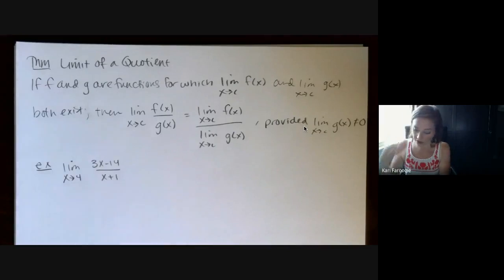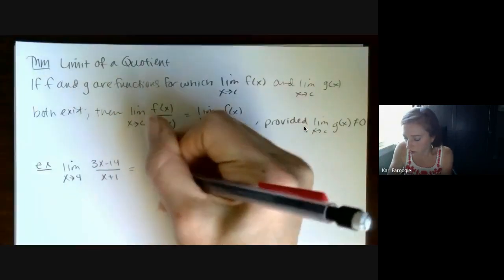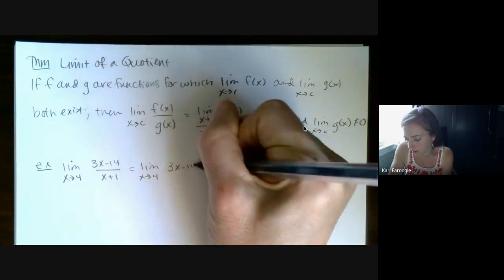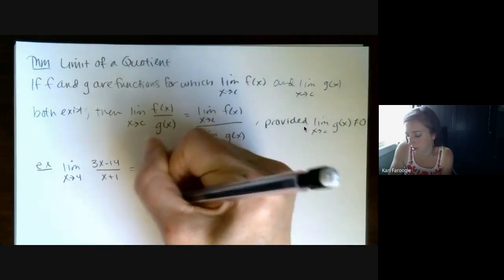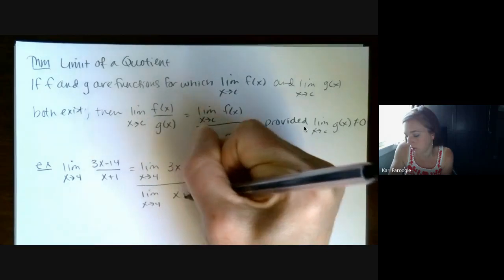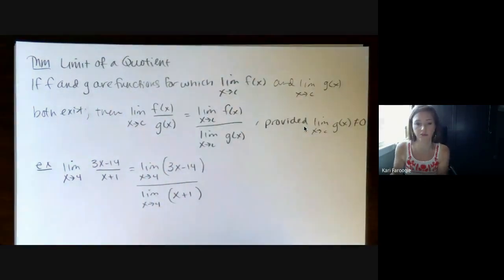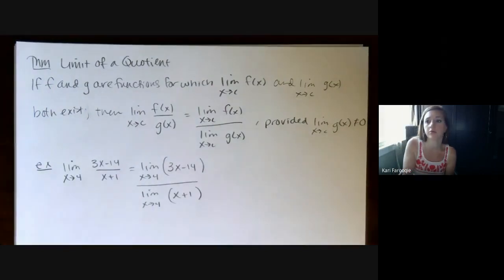We can go ahead and, if you want, write out the split, but you don't actually have to write out this limit divided by that limit. You're going to be doing so many of these, it's not a big deal, but officially you're taking the limit of the quotient of these two polynomial functions.